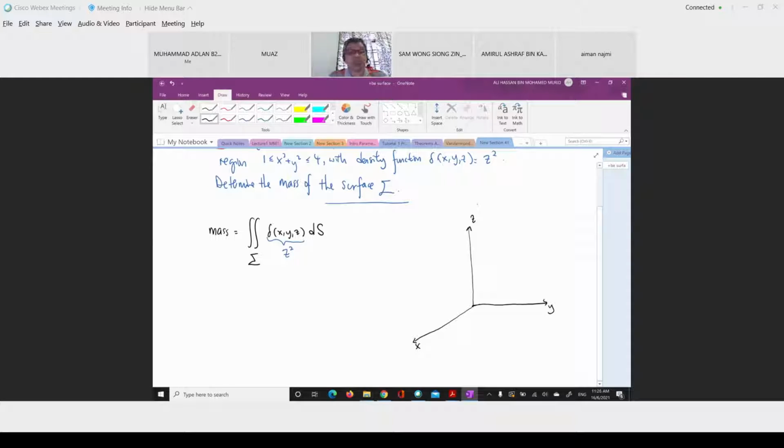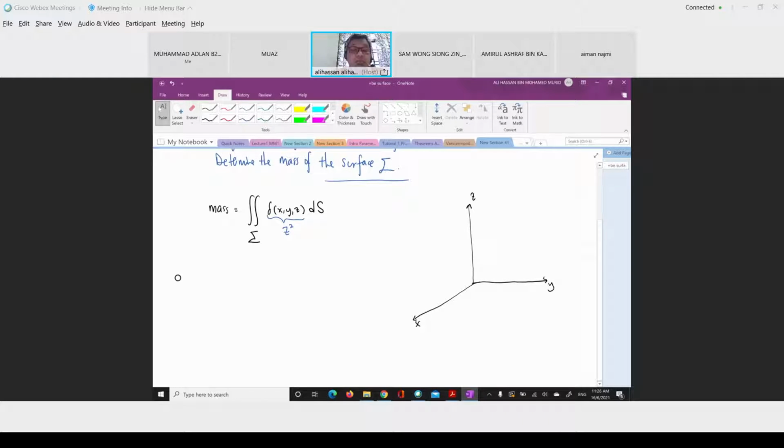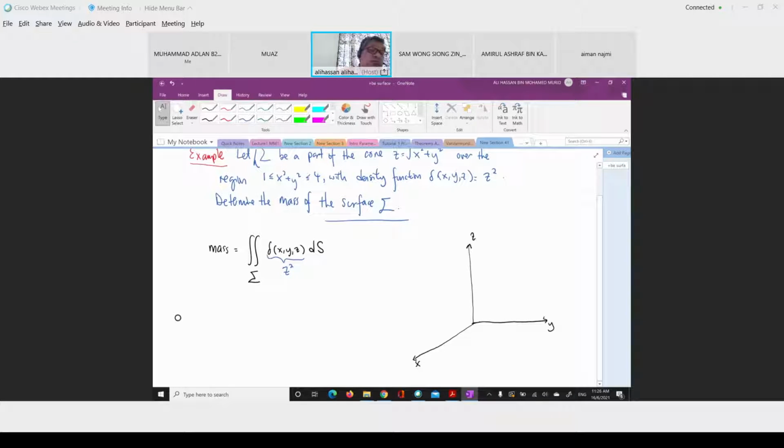This is a cone, and you should know the shape of the cone by now.